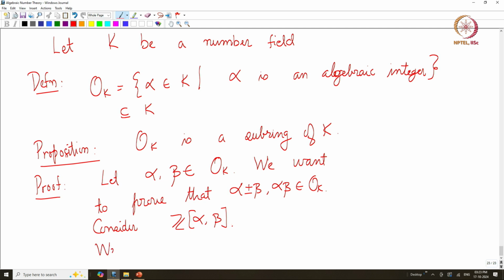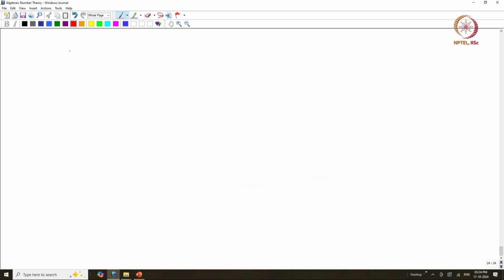So, we know that Z[alpha] and Z[beta] are finitely generated Z-modules.